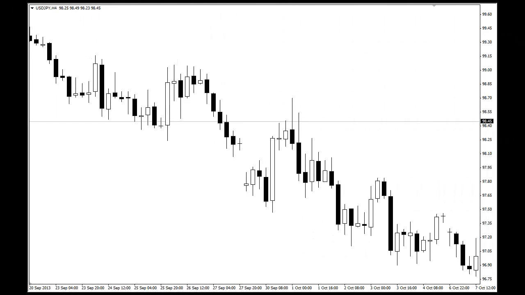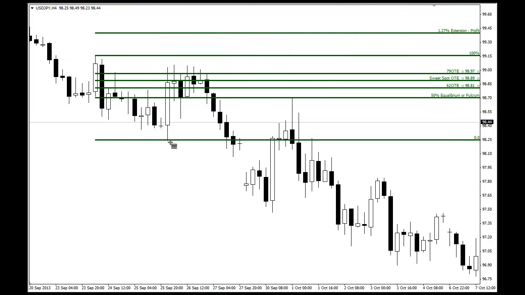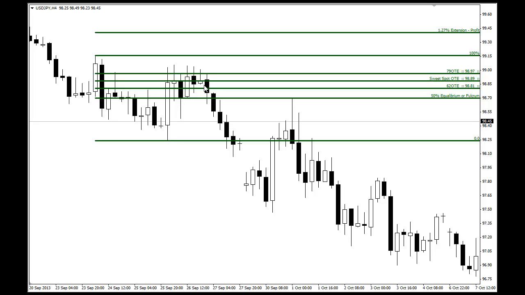We're looking at the Japanese yen, dollar versus the Japanese yen rather. We have a high, price trades down, retraces, and moves lower. As we anticipate a selling opportunity, and we're going to say for sake of argument that we suspected that price would be a selling opportunity in here.